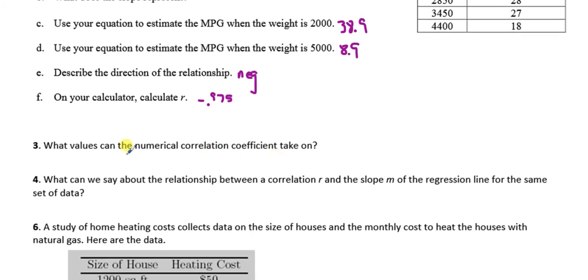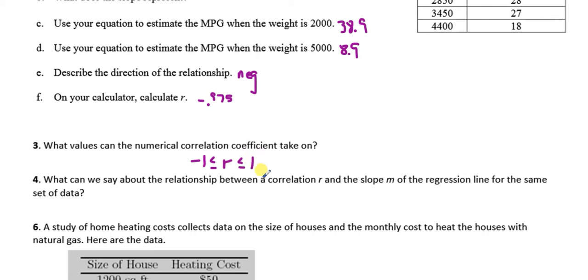What values can R be? It can be anywhere between -1, and it can equal -1. That's a perfectly straight line. I should put R, not X. R has to be less than or equal to 1.